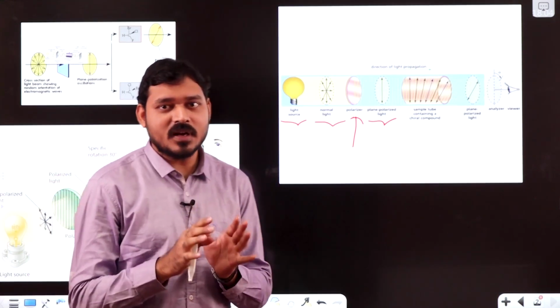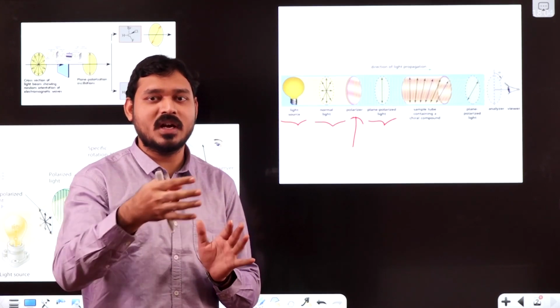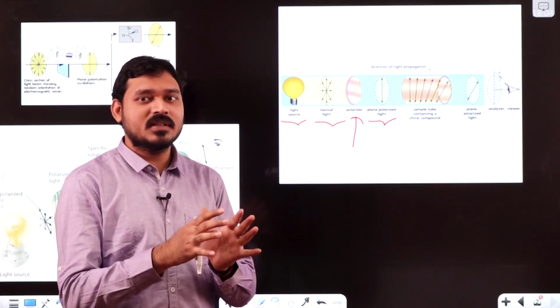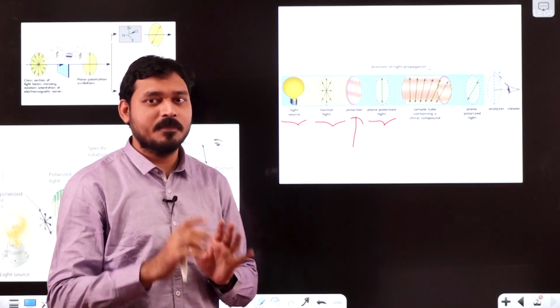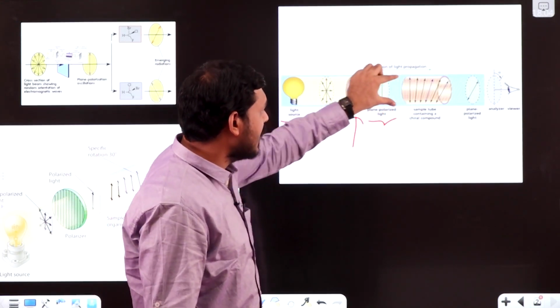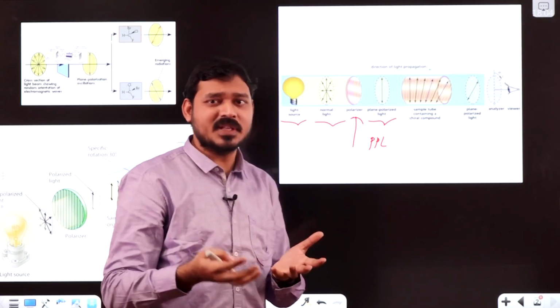If a compound is optically active, means if it is showing optical activity, it must be having some particular rotation, that is called specific rotation. When that substance is passed through plane polarized light, the substance is fixed.